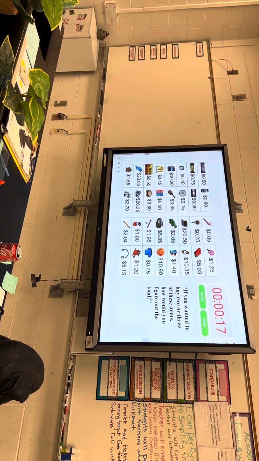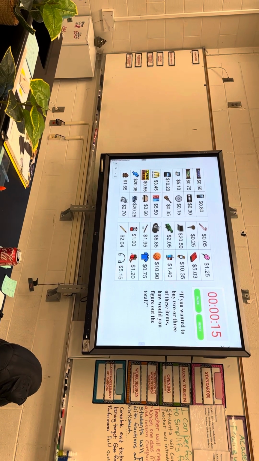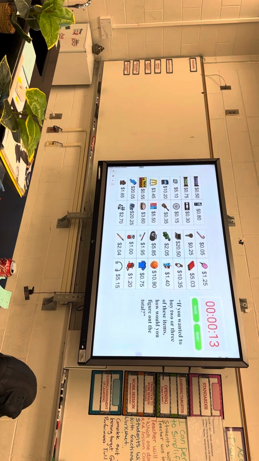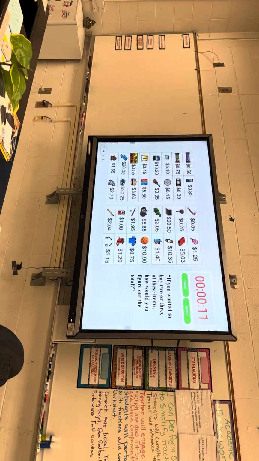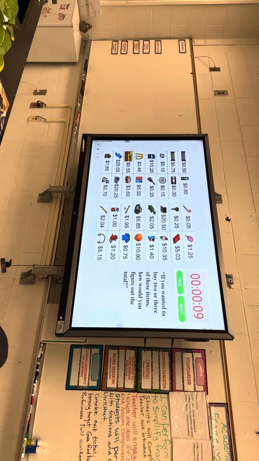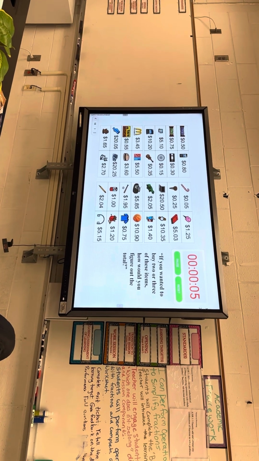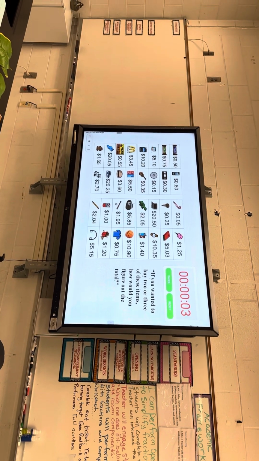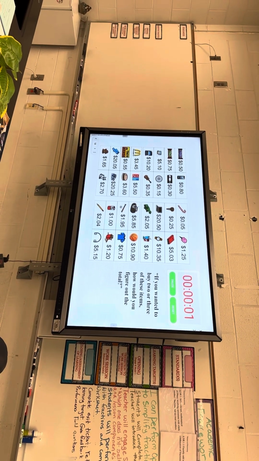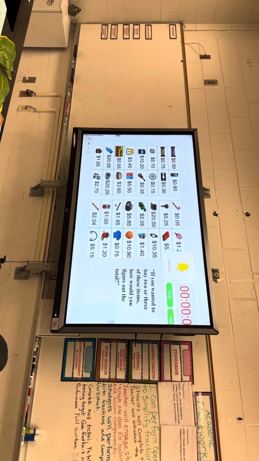All right, 10 seconds. If you wanted to buy 2 or 3 of these items, how would you figure out the total?